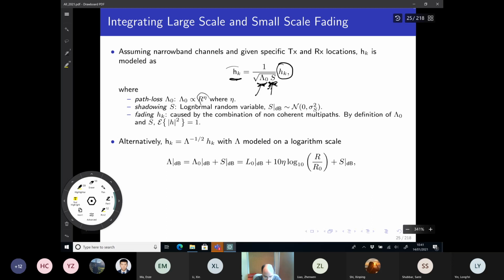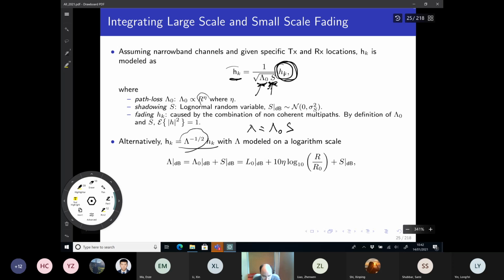This is simply deterministic based on the distance. And now I have this last term here, which is the small-scale fading. So a different way of writing this is simply the following, where now the square root of lambda here is actually captured. This lambda is lambda 0 multiplied by s, and captures the path loss and the shadowing.